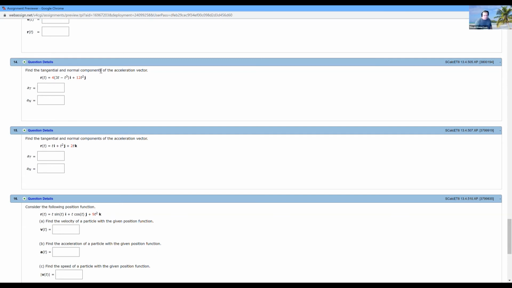We've covered that. So we're now about to start what is called the tangential and normal components of acceleration. I think I should show you a little bit. And I have a kind of confession to make.